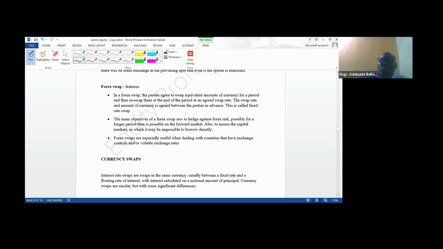We can also explain currency swap as a contractual agreement between two parties to exchange the principal amount of loan and interest in one currency for another principal amount of loan and interest in another currency.